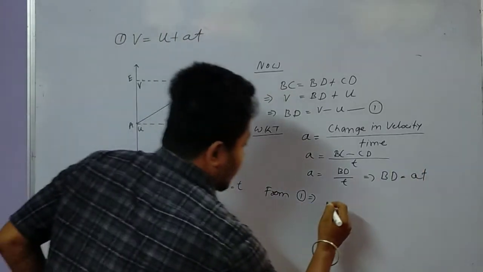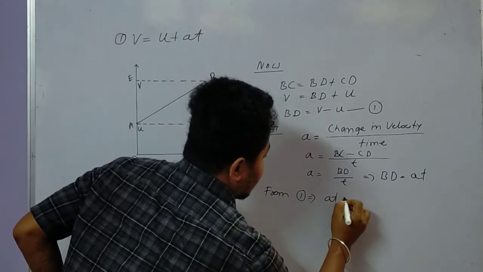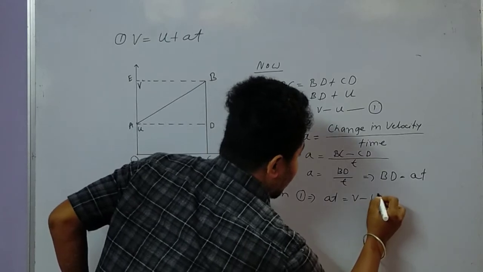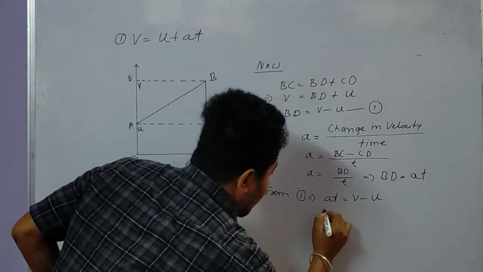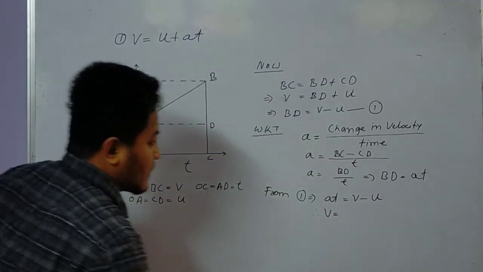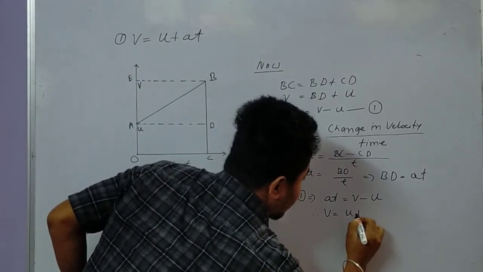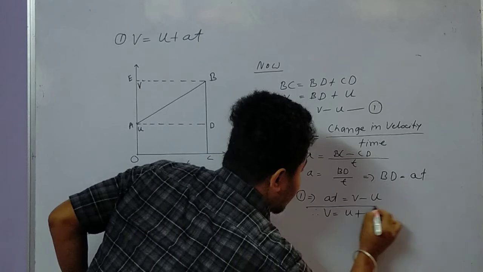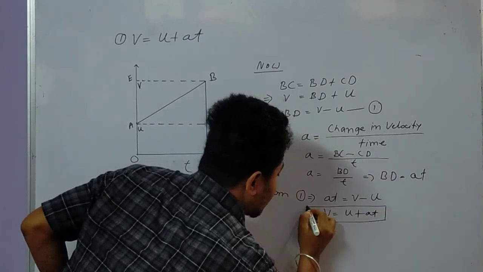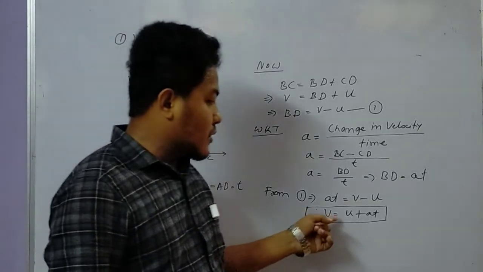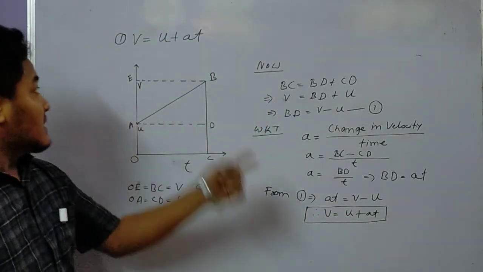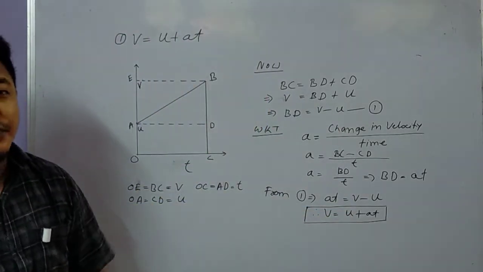AT. So it will be like that: AT is equal to V minus U. If I add U to both sides, V is equal to U plus AT, and this is the first kinematic equation, and that has hence been proved. V is equal to U plus AT, and this is what we needed to prove.